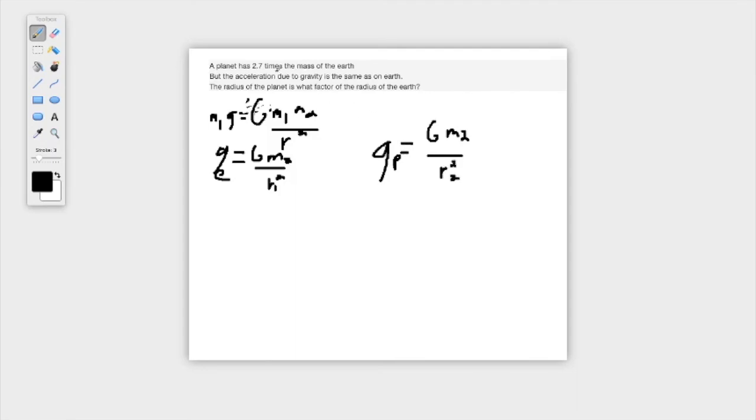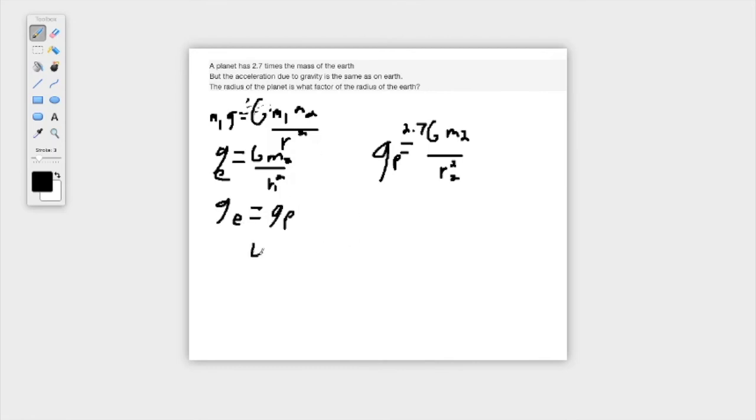But this planet has 2.7 times the mass of the Earth, so you multiply by 2.7. So we can set g equal to g of the planet because they have the same acceleration due to gravity.